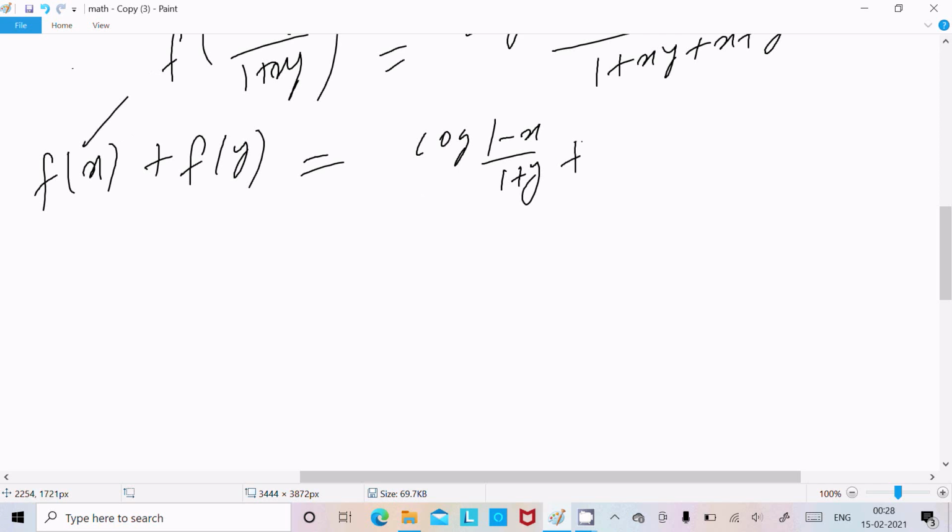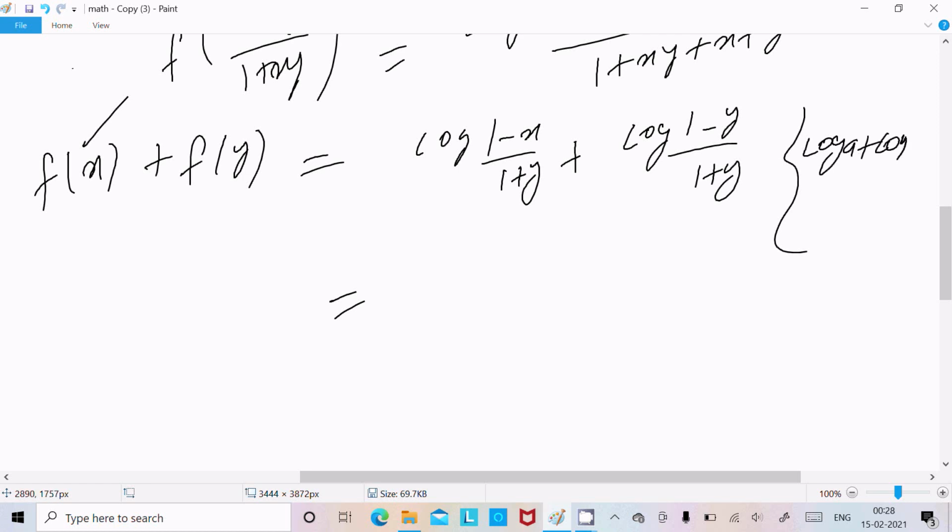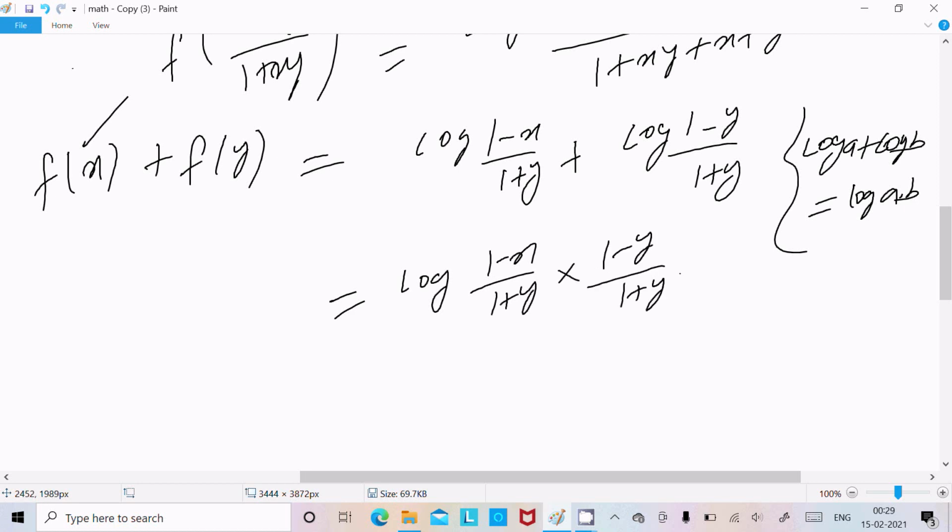Now you already know there is one formula: log a + log b = log(ab). So we can write log(((1 - x)(1 - y))/((1 + x)(1 + y))).